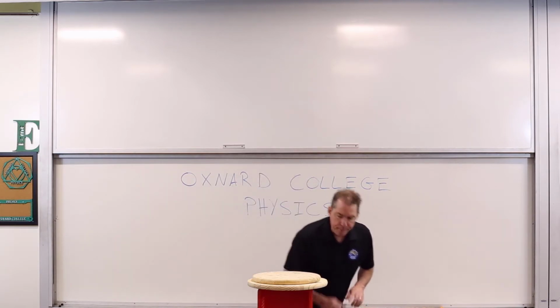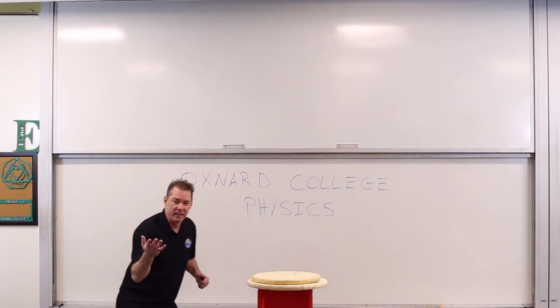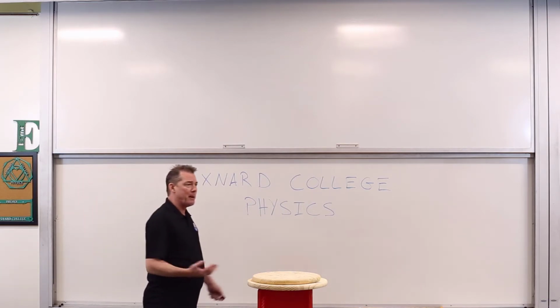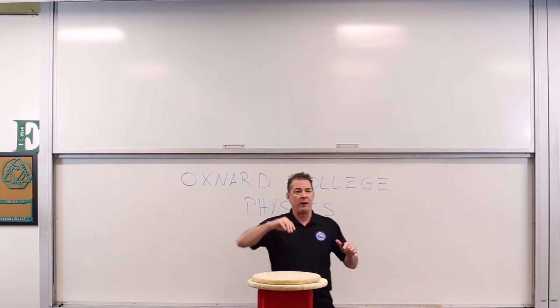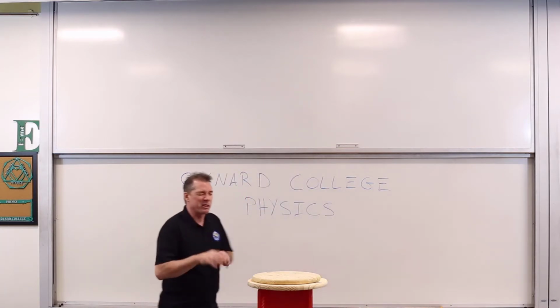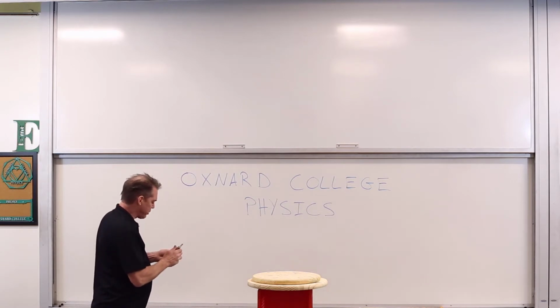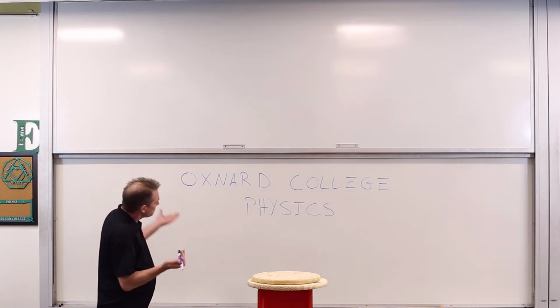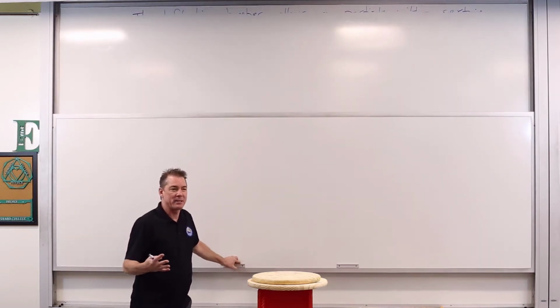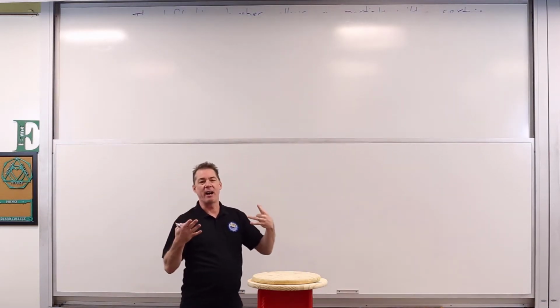So the center of mass is a position, and we can ultimately trace it to a three-dimensional coordinate system in which there is an x position, a y position, and a z position. We'll mostly just stick with x and y, two-dimensional things, but really it's just a matter of where the individual mass elements are and what the average value is.